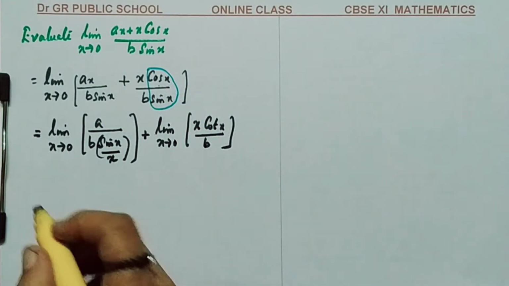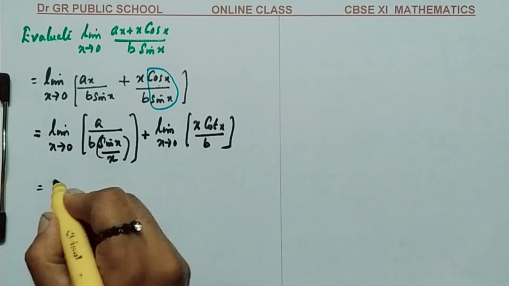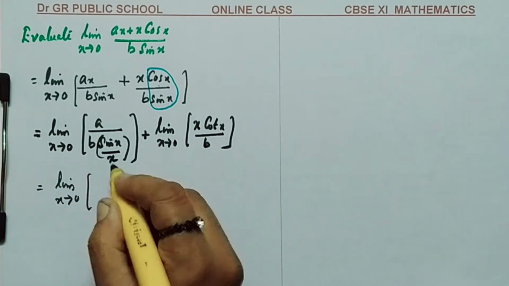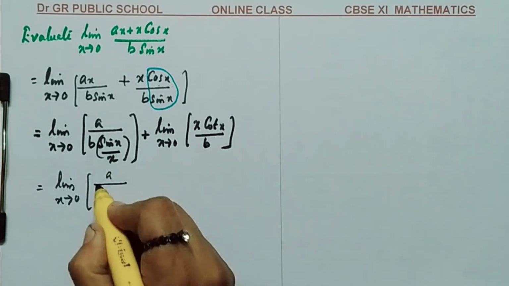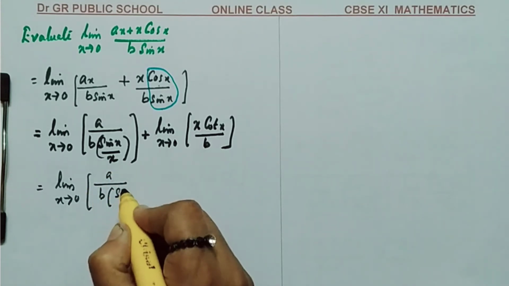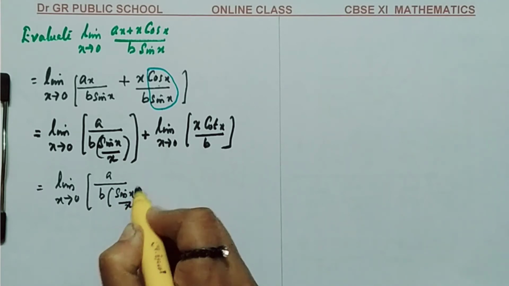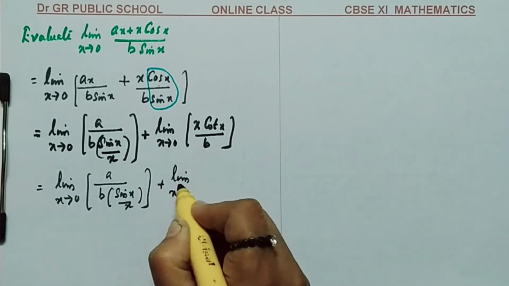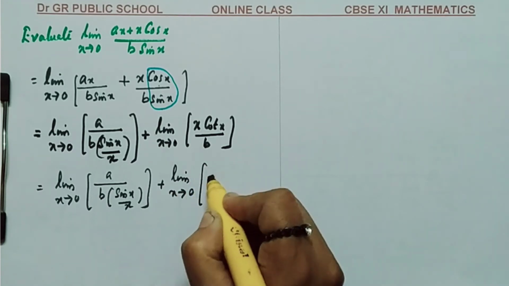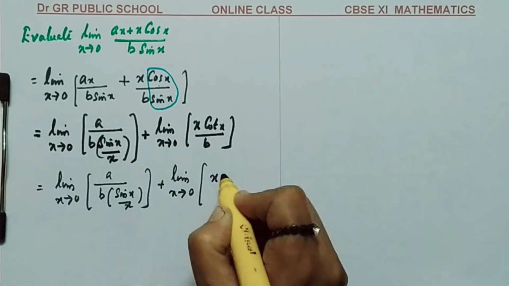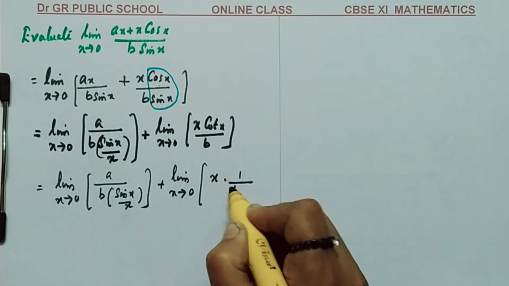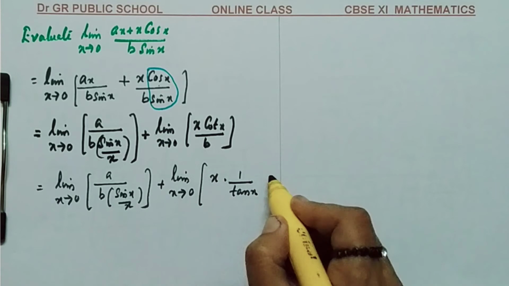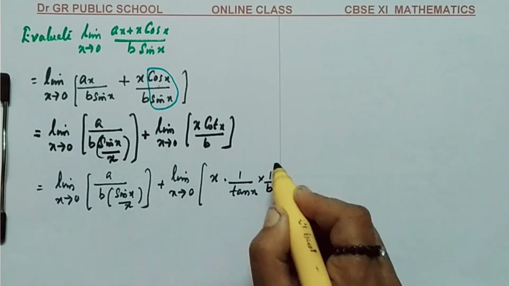Now, again our arrangement: equals limit x tends to 0, a by b into sin x by x, keep it there, plus this I am going to arrange as limit x tends to 0, x into cot x, which can be written as 1 by tan x. Now 1 by b also remains there.